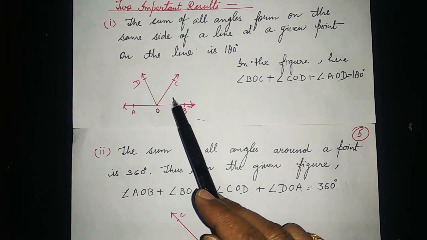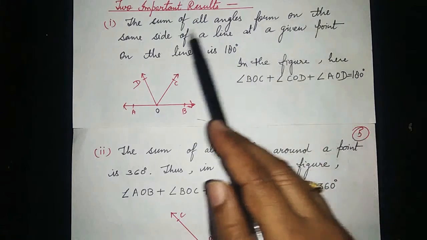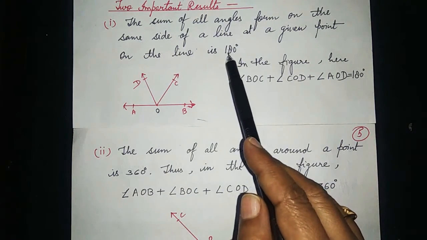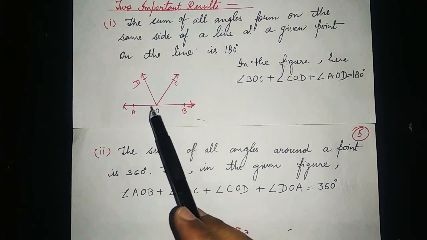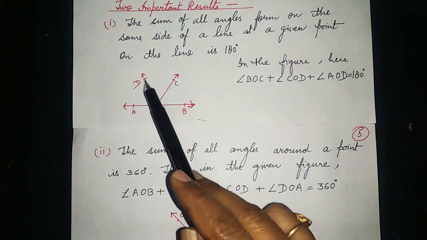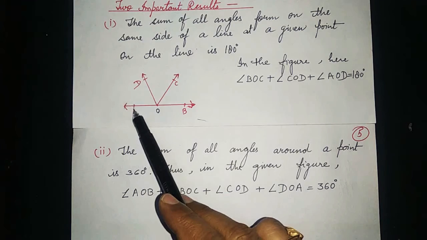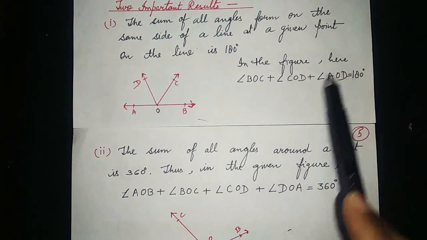So you can say that sum of all angles formed on the same side of a line at a given point on the line is 180 degree. So in this figure, angle BOC plus angle COD plus angle DOA is equal to 180 degree.